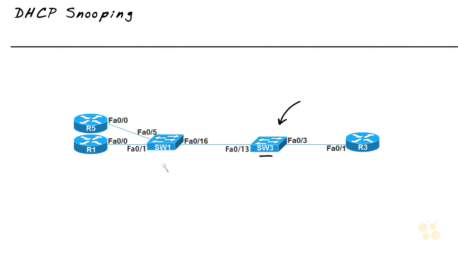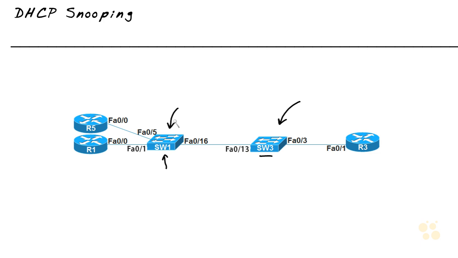But switch 1 certainly incorporates VLAN 100, so we would want to make the same configuration over on switch 1. So we'd enable DHCP snooping globally, we'd set it up for VLAN 1, and we'd take care of the information option, negating the DHCP snooping information option.